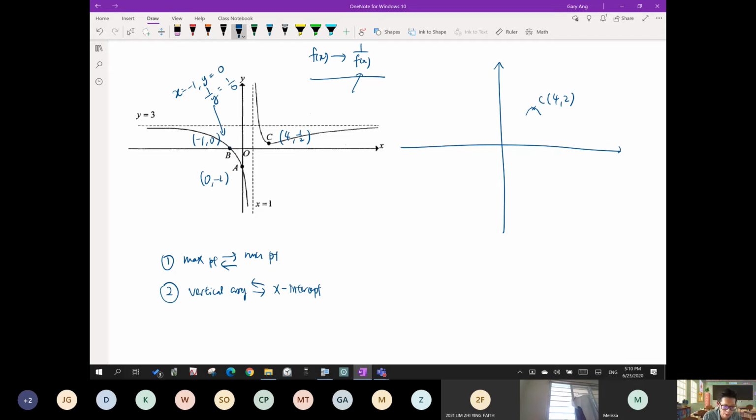No such point anymore, which means that when x is -1, it is an asymptote. That is why your x-intercept becomes a vertical asymptote and vice versa. And the vice versa, you can also go and make sense of one. Think about it. So why is it an asymptote? Well, it is probably because when x equals 1, you get something like that, right? That's why it's undefined. It becomes an asymptote. So when you do the flip, it becomes 0.